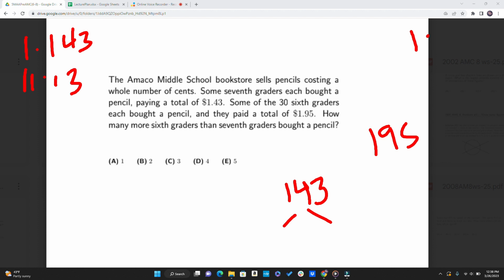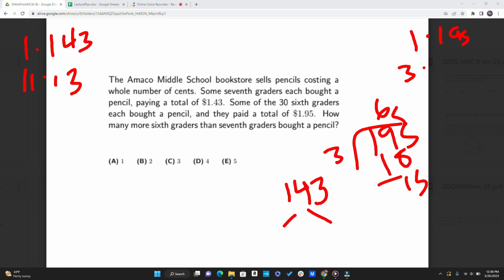We got 1 times 195 cents. We've got not 2. We've got 3, divided by 3, 3 times 65. Not 4, it's divisible by 5. 5 times 39. Not 6.